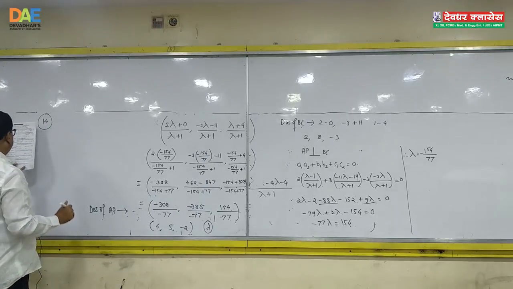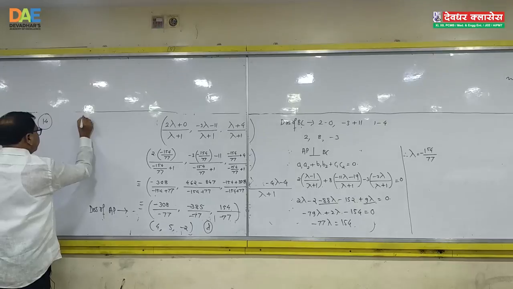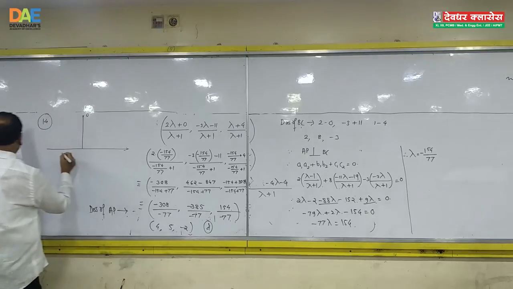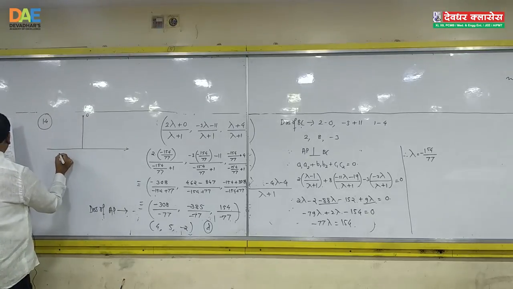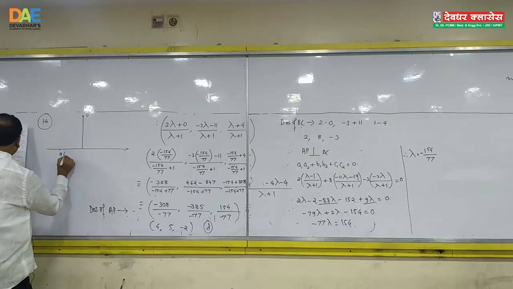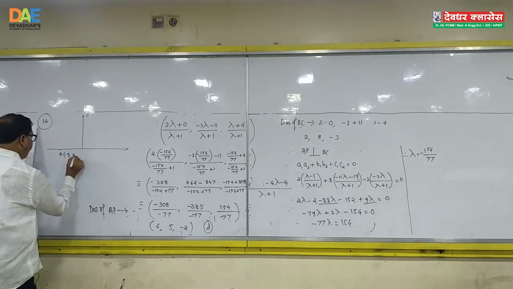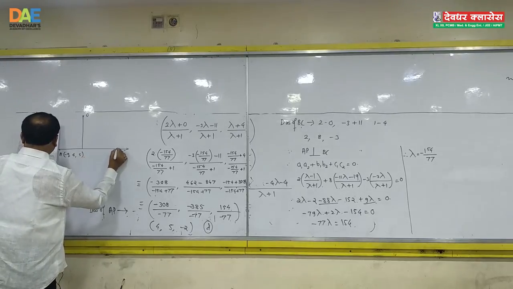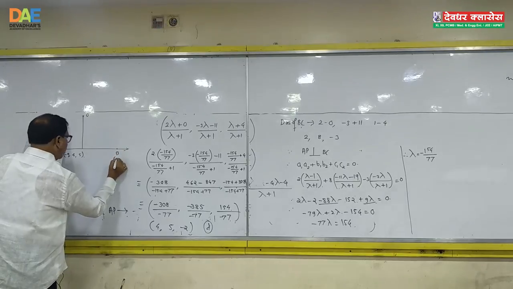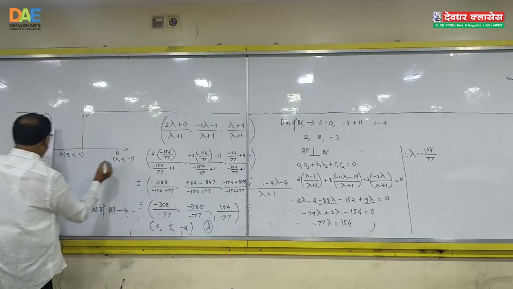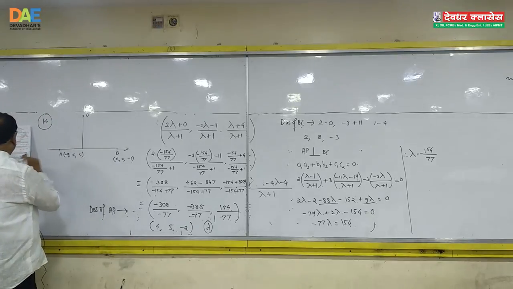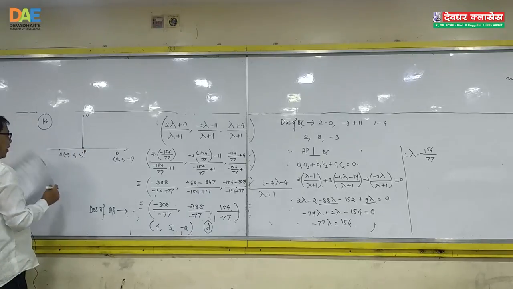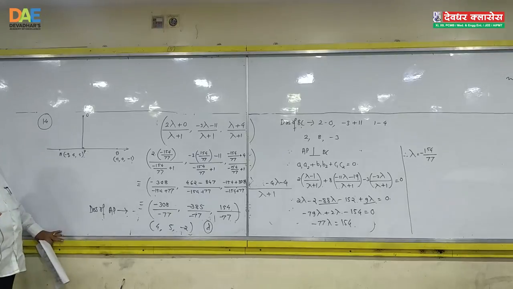The foot of the perpendicular from the origin to the line joining A(-9, 4, 5) and B(11, 0, -1). The foot of the perpendicular from the origin, say P, and find the ratio in which it divides. It's actually very easy.